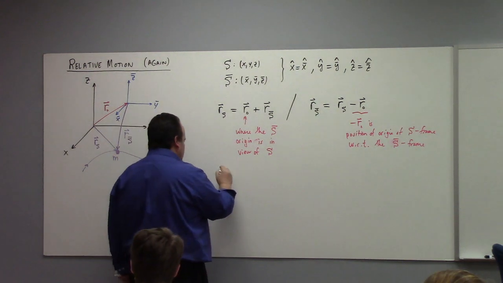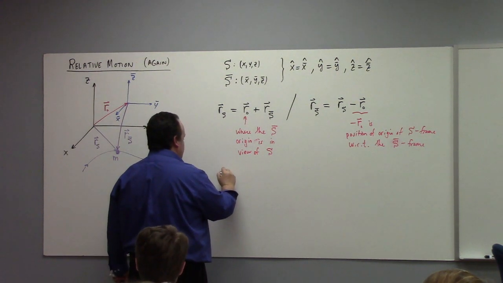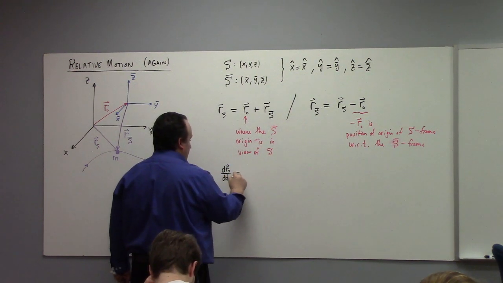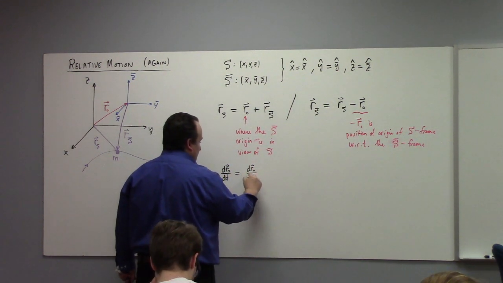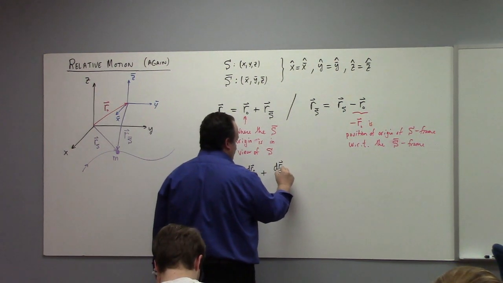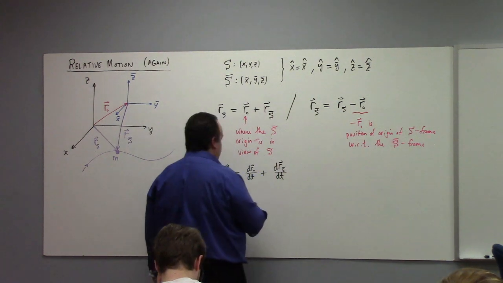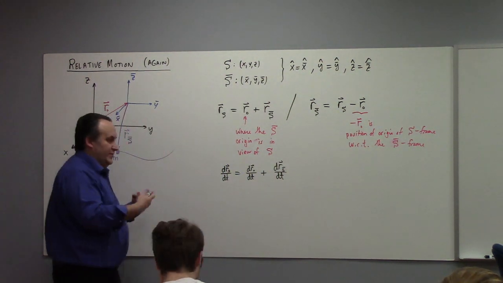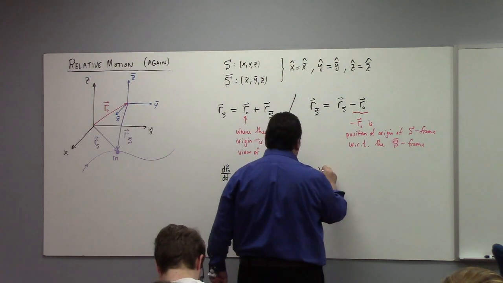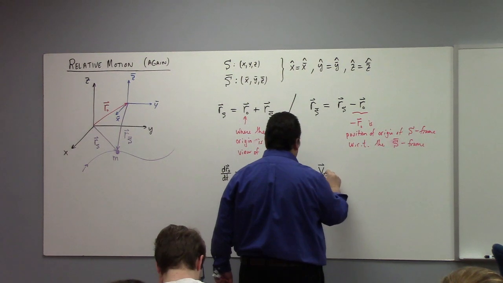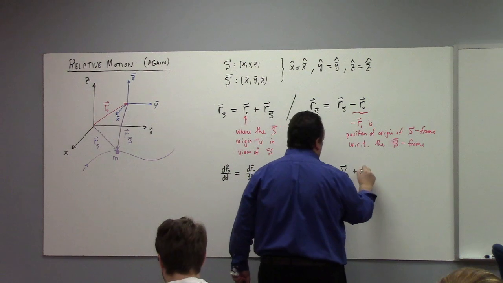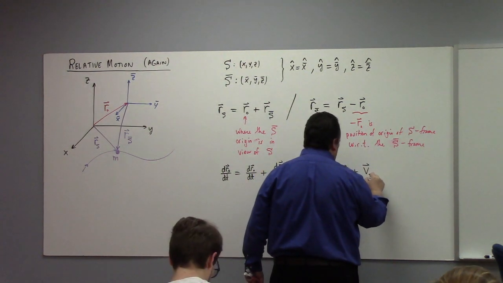If I differentiate, I get dr sub s dt is equal to dr naught dt plus dr s bar dt. And what does that tell us? That tells us, in other words, that the velocity measured in the S frame is equal to the velocity of the origin of the moving frame plus the velocity measured with respect to the moving frame.